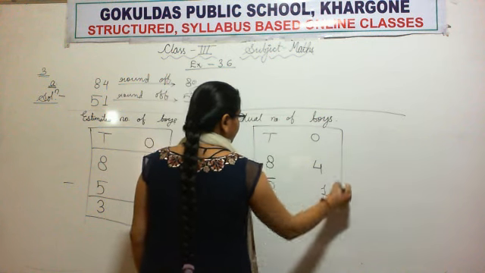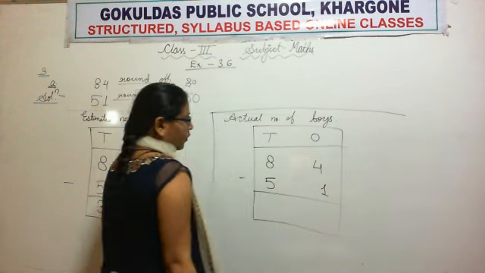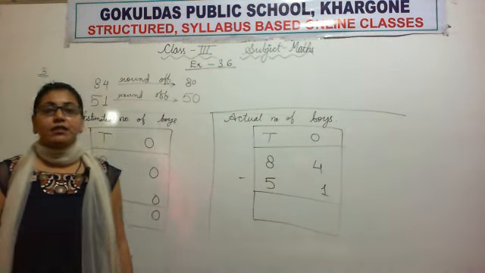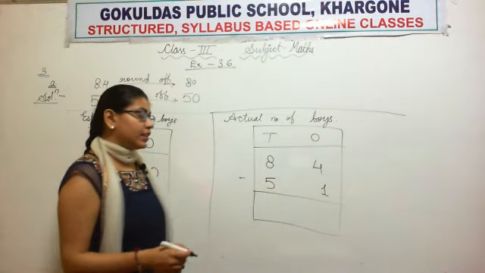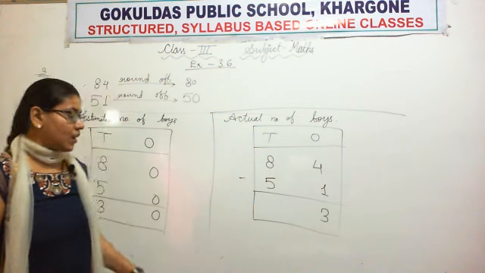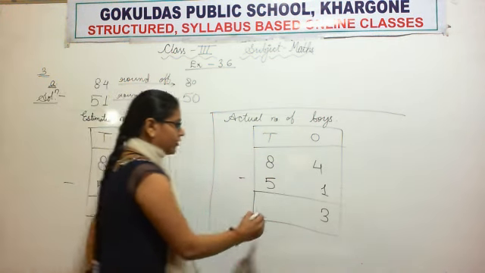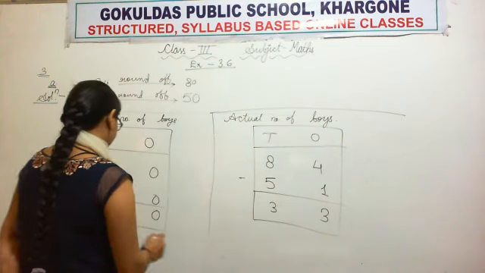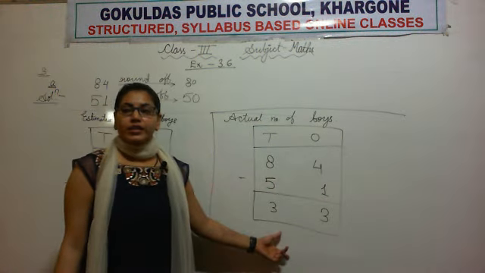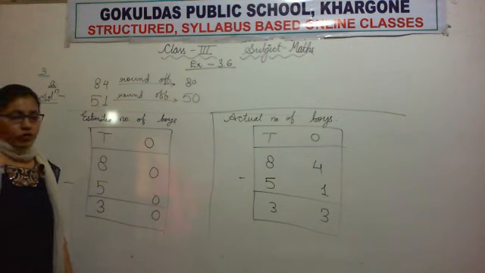Now let's subtract 51 from 84. Okay, so 4 minus 1. What is the previous number of 4? Very good, it is number 3. So let's write 3. Then 8 minus 5. We just did it, 8 minus 5. So the result will be the same, number 3. So let's write 3. Now this is the actual number of boys. 33 is the actual number of boys and 30 is the estimated number of boys.